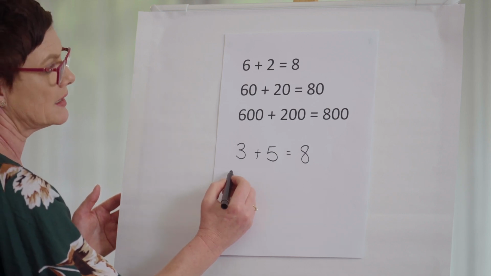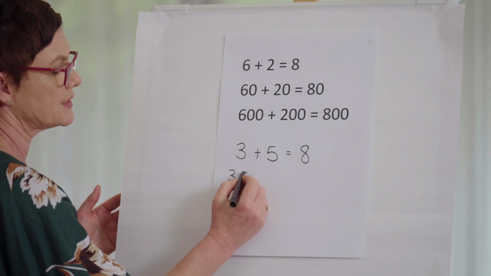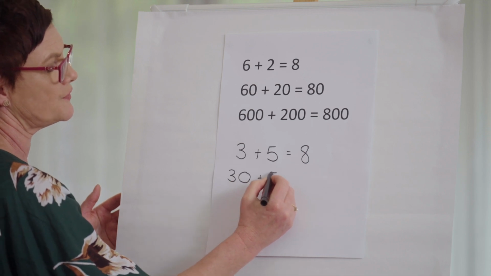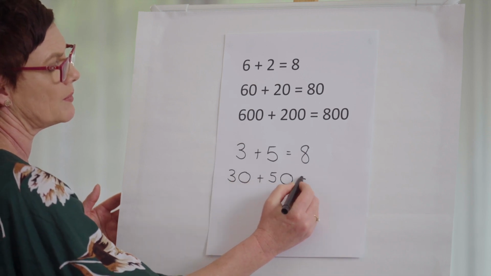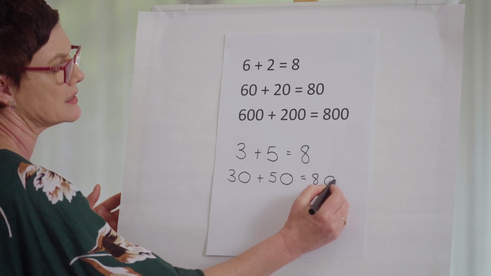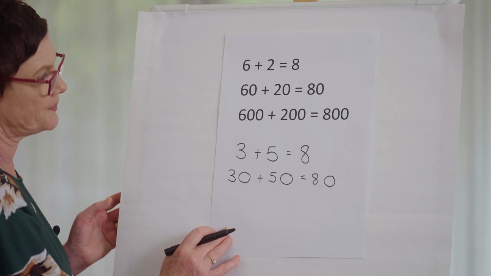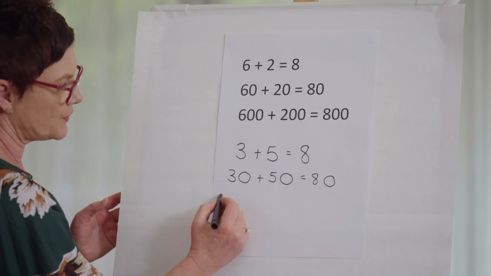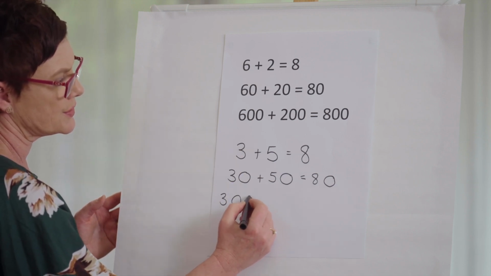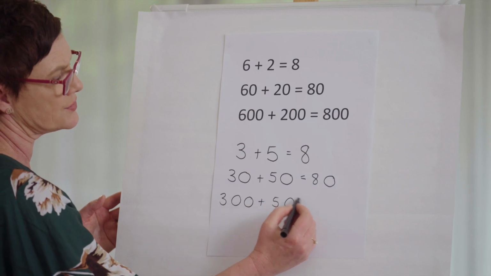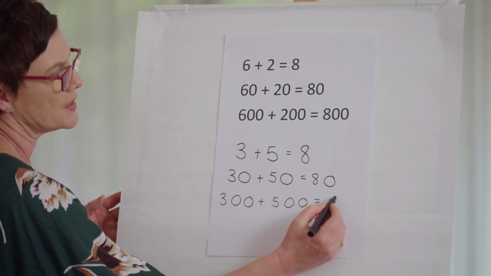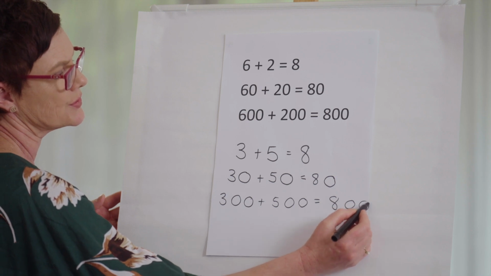It will be 30 plus 50 will make 80. Can we see the pattern? What comes next? 300 plus 500 equals 800.